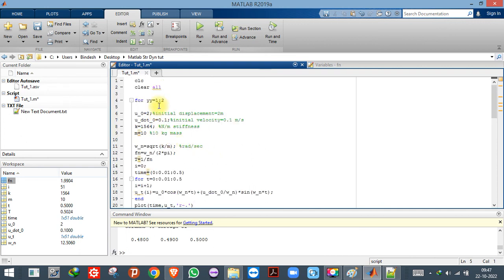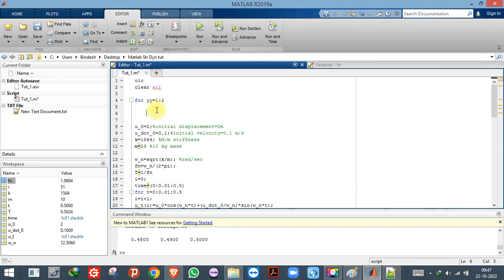Let's say velocity. I give two velocities, making a matrix of two velocities. Let's say one is 0.1 and one is 0.8. Okay.